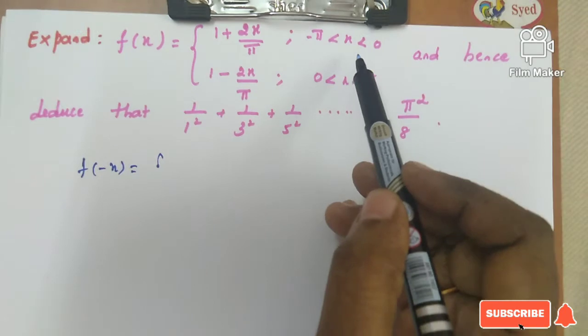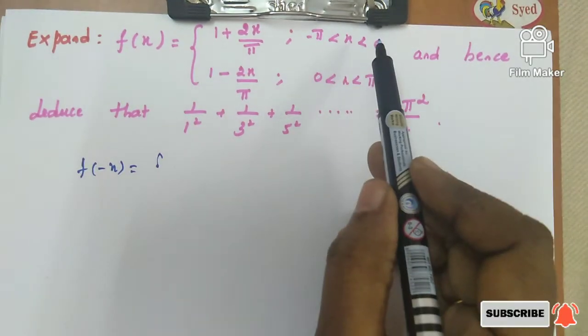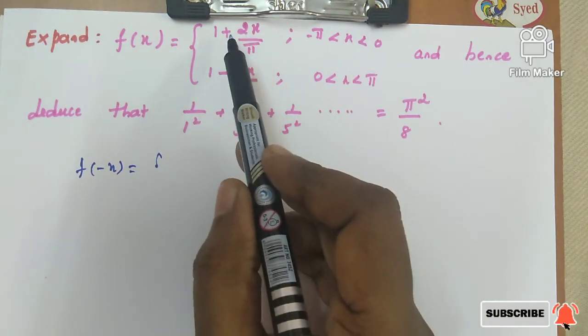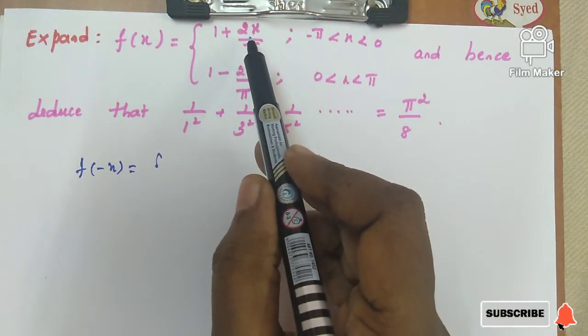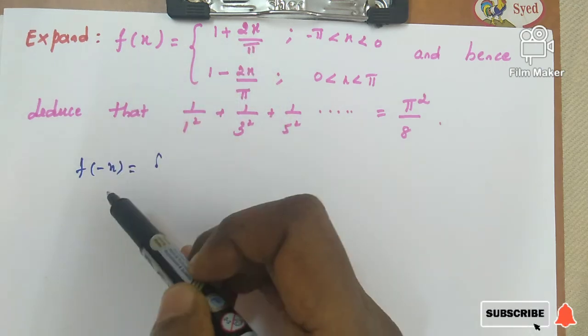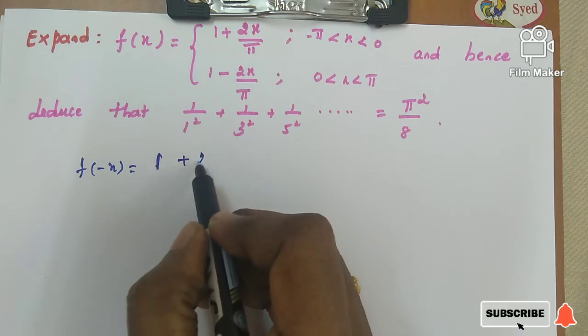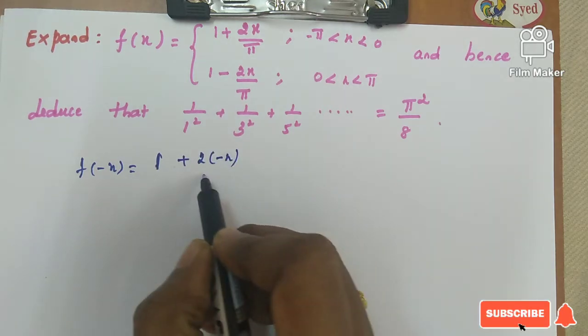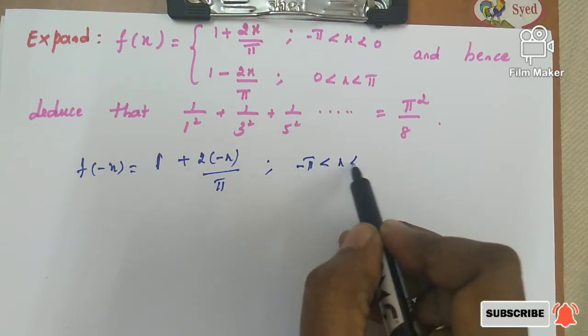So now we will take the interval minus pi less than x less than 0. In this interval, what is our f of x? f of x is equal to 1 plus 2x by pi. In this interval, we substitute x equal to minus x. So on the left hand side, f of minus x is equal to 1 plus 2 into minus x divided by pi, where the interval is minus pi less than x less than 0.